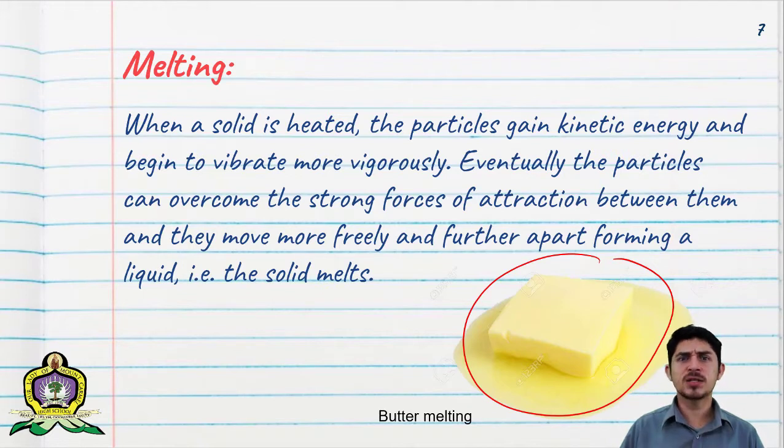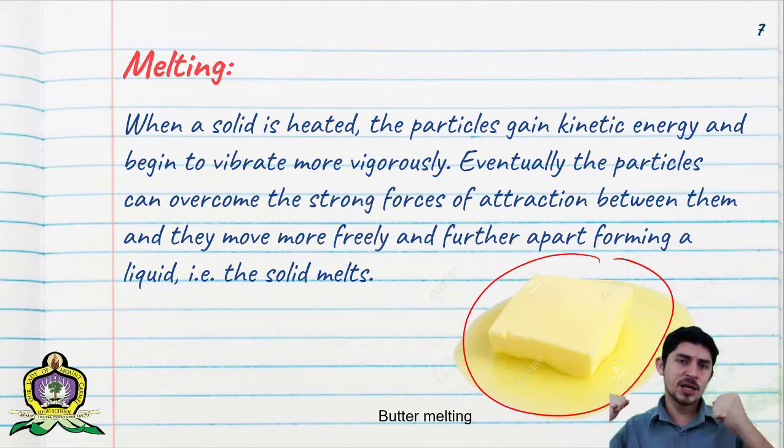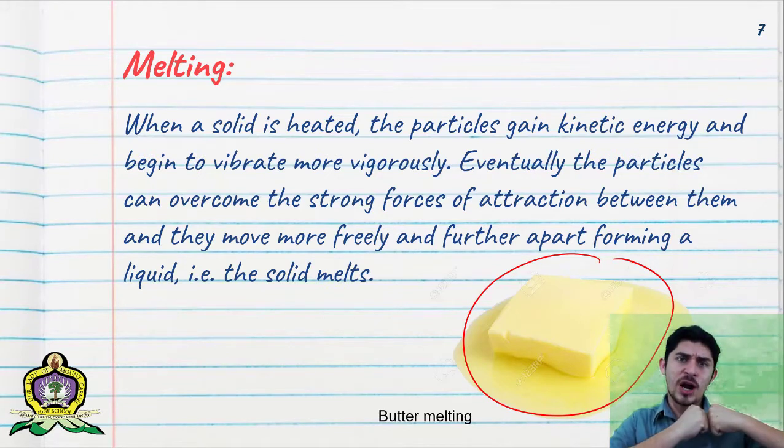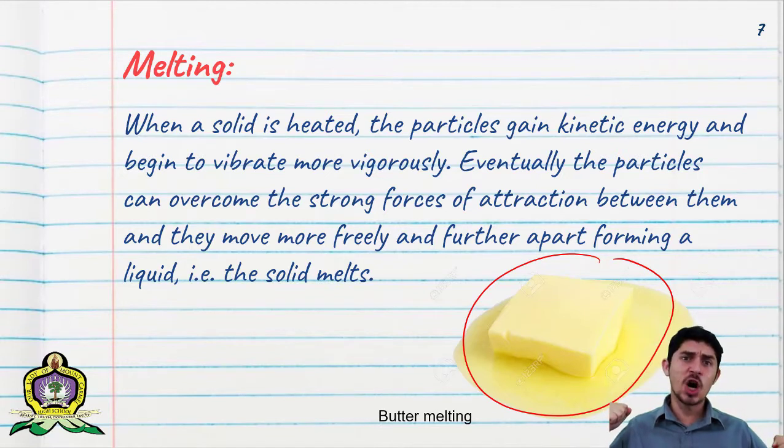Why exactly does it start to melt? Well, you see, the butter is made out of particles, and those particles are usually vibrating, so we know that they are moving, but with the heat added, they start to vibrate much harder, collide against each other and bounce off each other.